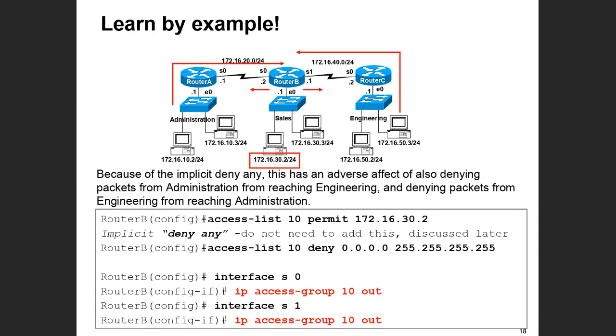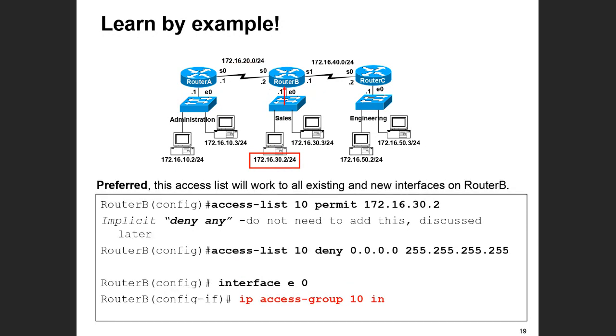Oh, that's blowback. That's an unintended consequence. We didn't think about that. So we can't use this outbound on the two serial ports that go to the networks. It would work for blocking the traffic from the salespeople that aren't supposed to get out, but it would also block other traffic that we want to get out.